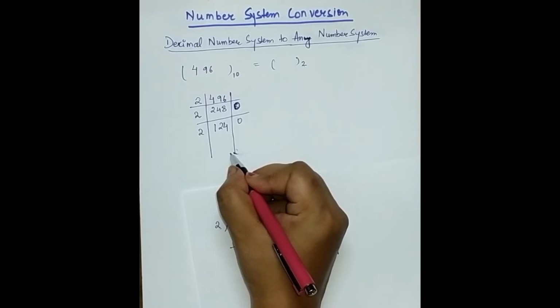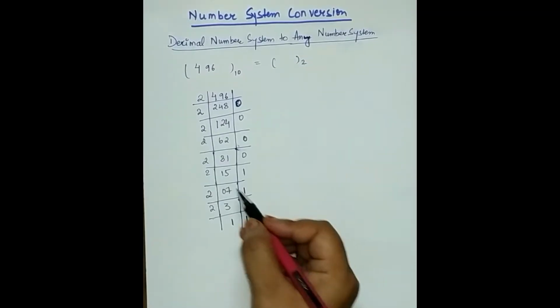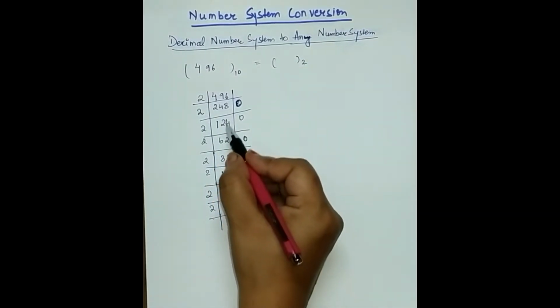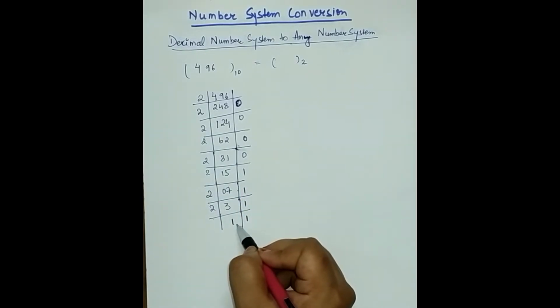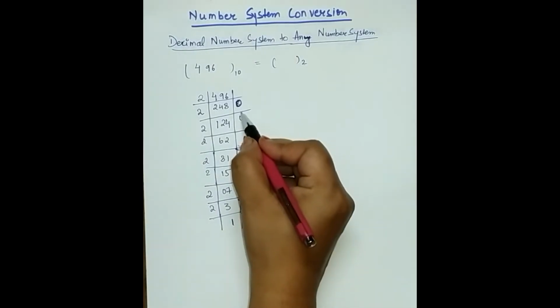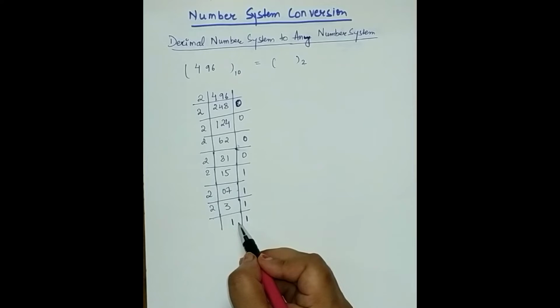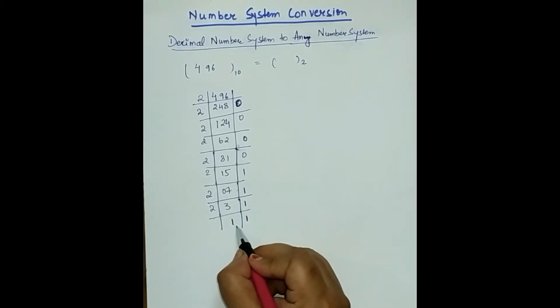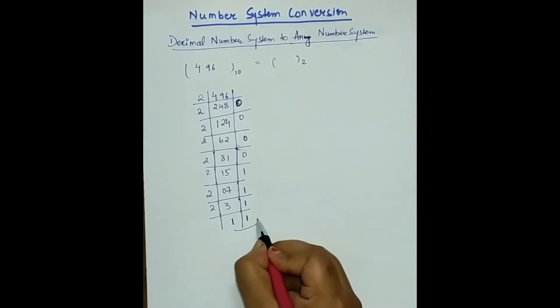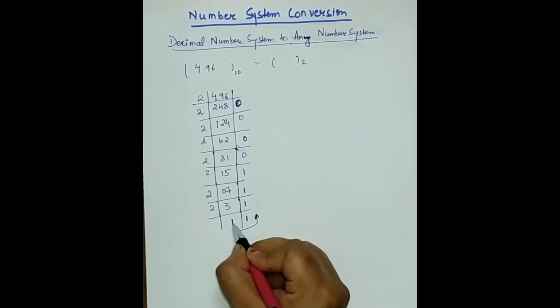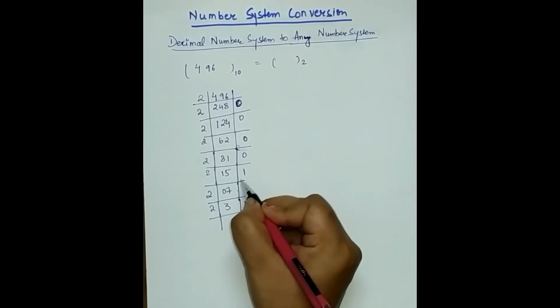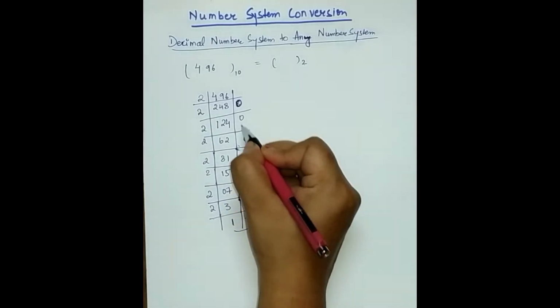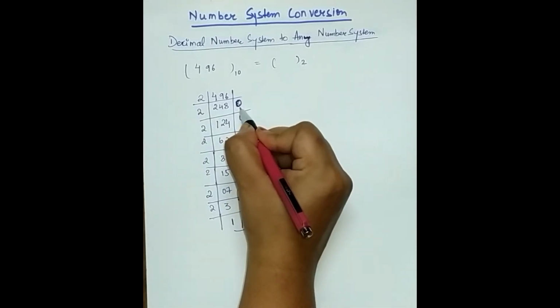Let us see how we will divide it. You can divide it further and see whether you are getting the same answer or not. In this way you have to write down the remainders, and after writing the remainders you have to write down the answer in the reverse order: 1 1 1 1 1 0 0 0 0 is your final answer.